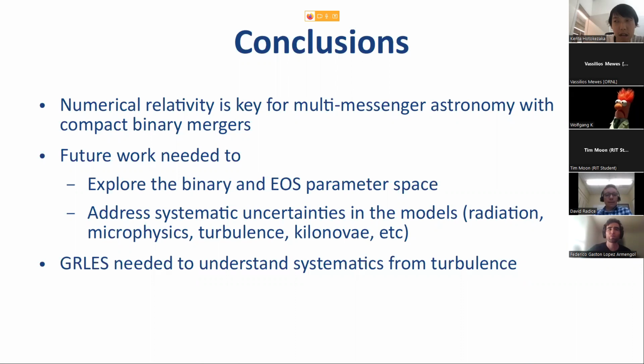And so there may be weak processes going on inside of the remnant on time scales that are comparable to the dynamical time scale. And this may show up as an effective bulk viscosity, for example, and affect the evolution of the remnant.